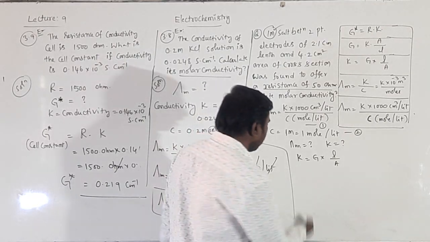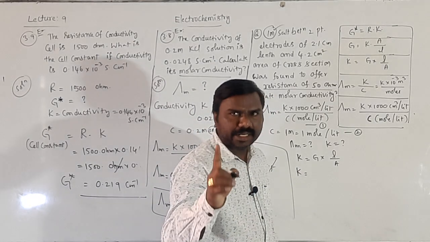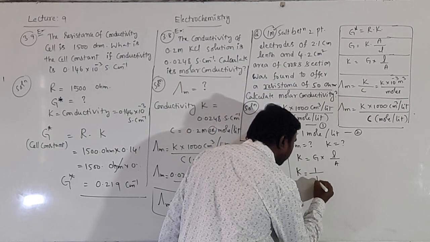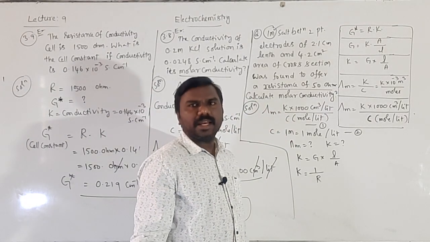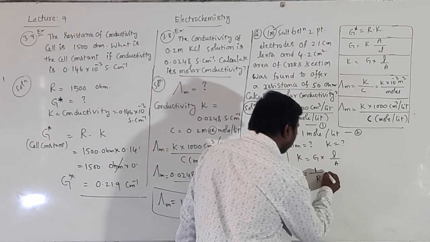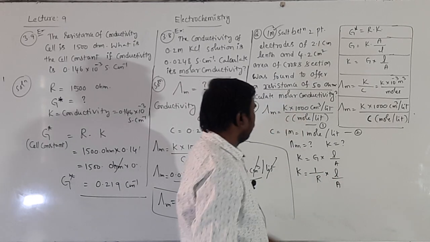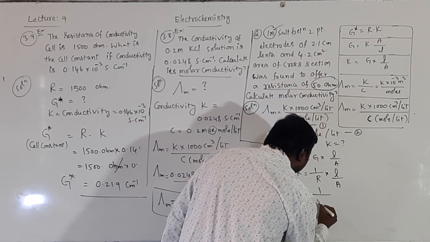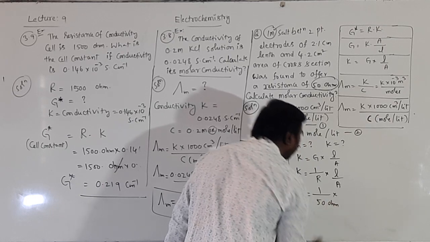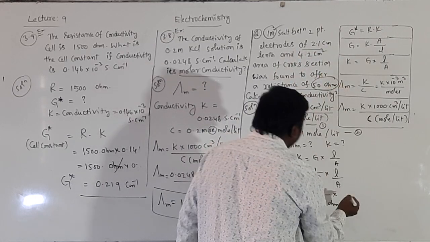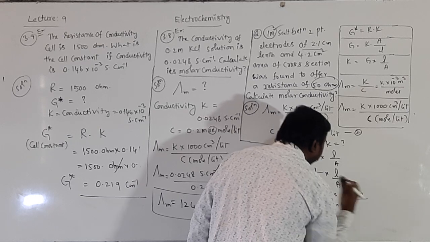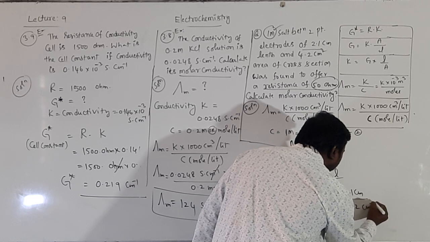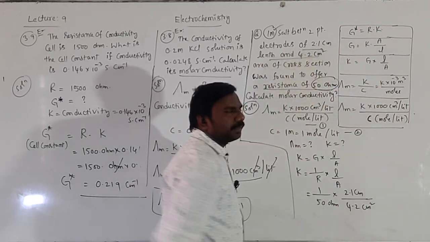G they didn't give. G means conductance, which is inversely proportional to resistance, so G is replaced by 1 by R. K equals 1 by R into L by A. The R value is 50 ohms, so 1 by 50 ohms into length 2.1 centimeters by 4.2 centimeter square, that is the area of cross section.